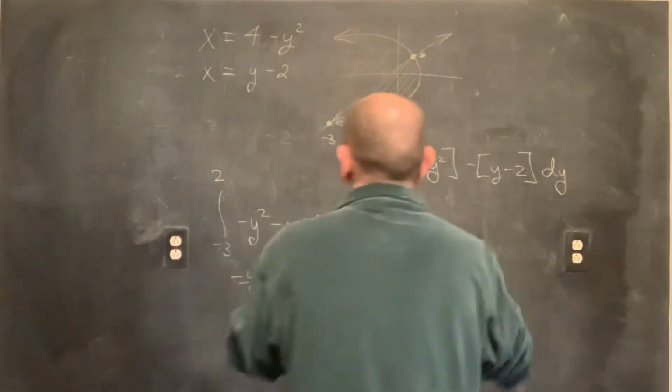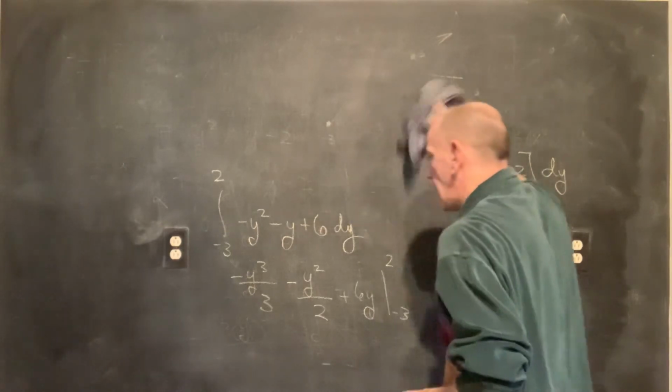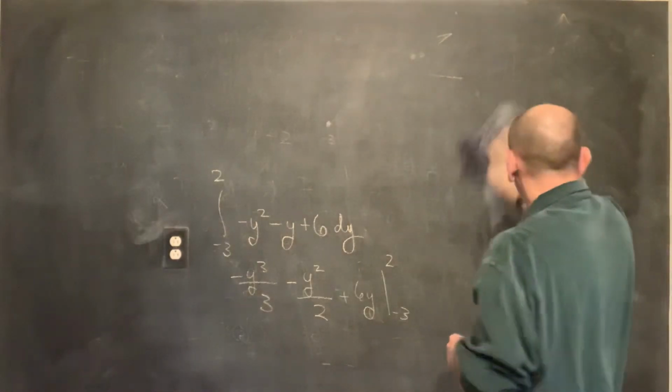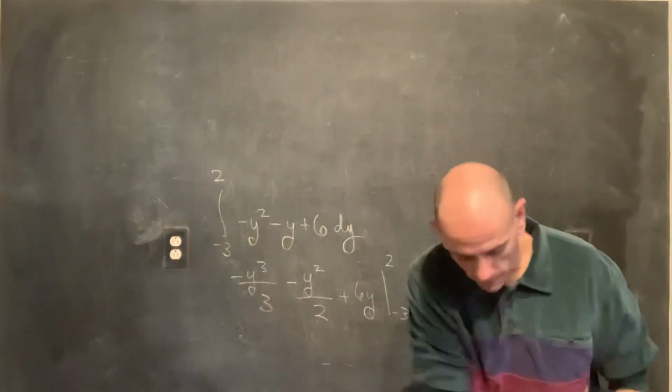Okay, now we're just evaluating. Unfortunately, neither of our bounds are 1 or 0, so we don't get anything for free. We actually have to do the evaluations here.